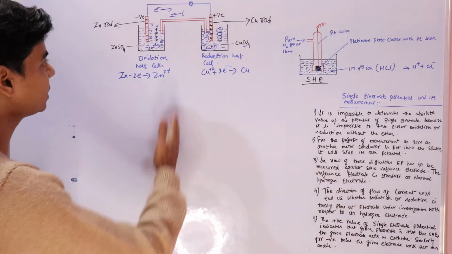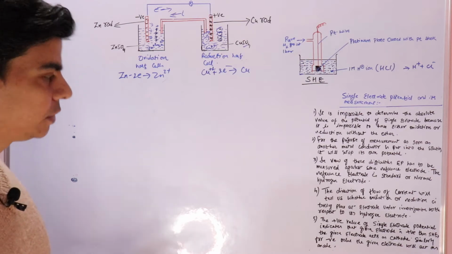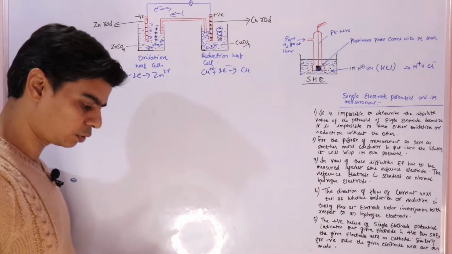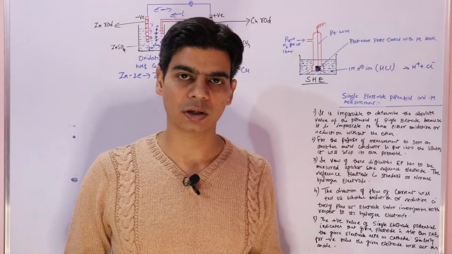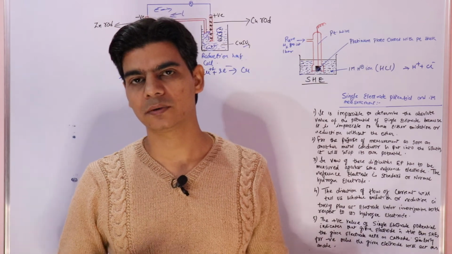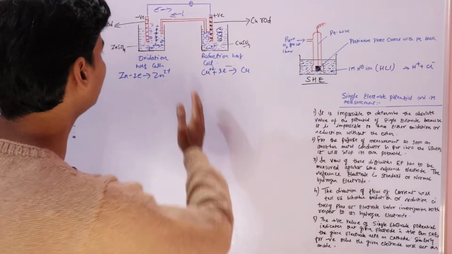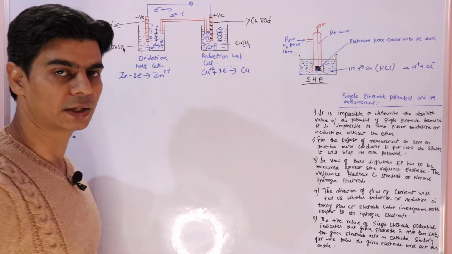So now if we just have this half cell which consists of the zinc electrode, then the zinc electrode would not undergo oxidation, because oxidation cannot occur without reduction, and reduction cannot occur without oxidation. Suppose I remove this zinc electrode and try to find the reduction potential of the copper electrode.